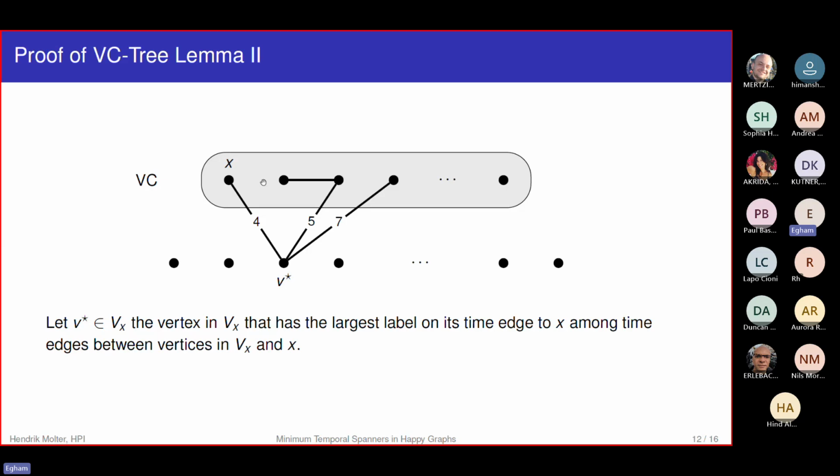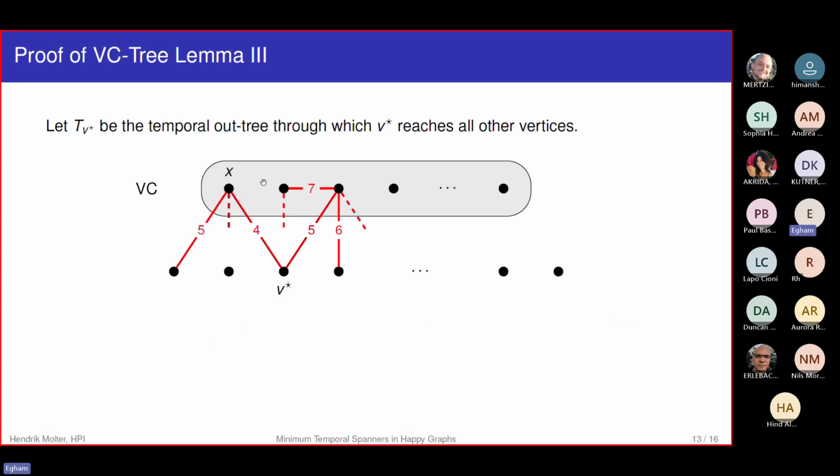And now I look at the temporal out tree rooted at V star. And now I know this temporal out tree can reach everybody else, right? But because we are undirected here, I can just reroute this temporal out tree to X, and then I get a temporal out tree at X that can also reach everybody else. But now also V star was the latest vertex out of all the vertices in Vx that reached X.